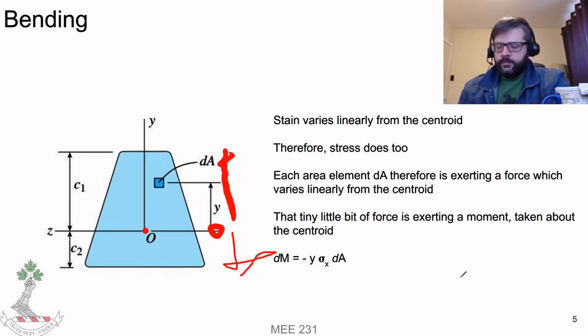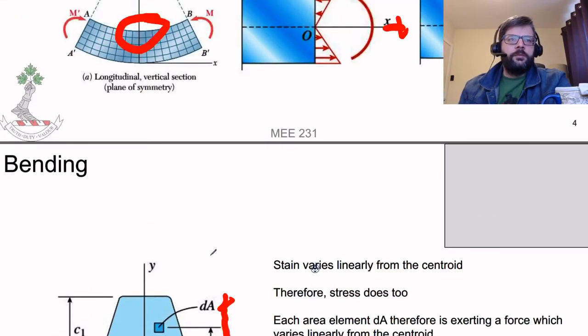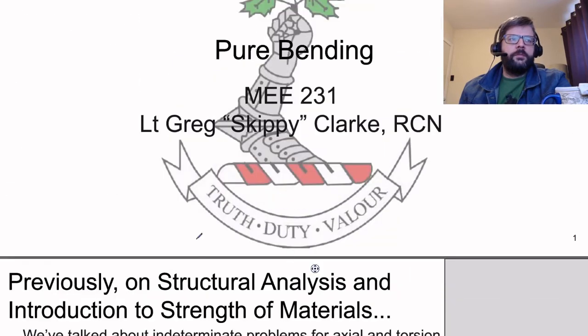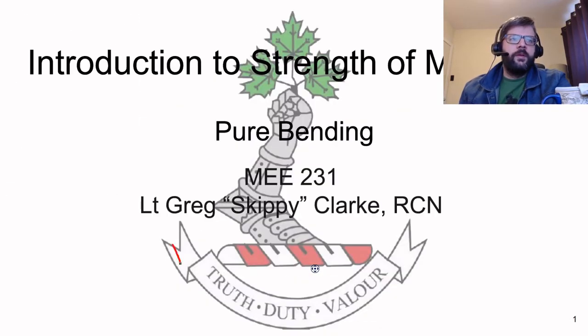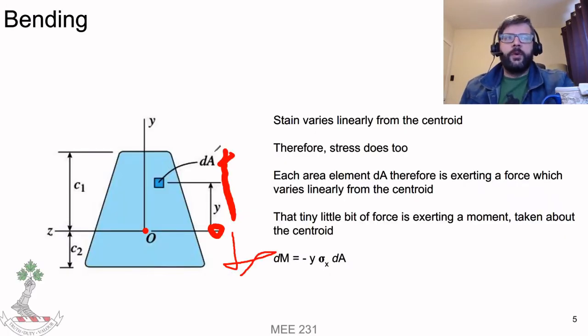Yeah, more negative strains as we get further away from the neutral axis in the positive y direction, and more positive strain when we get further away in the negative y direction.